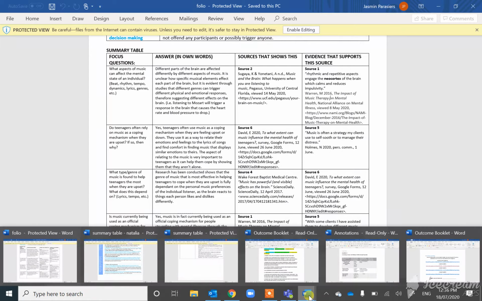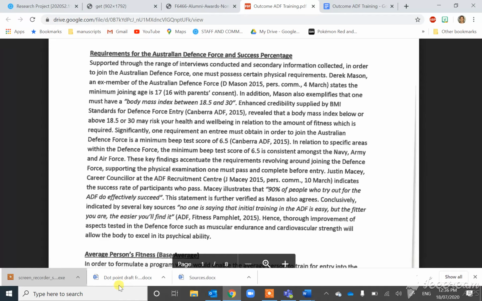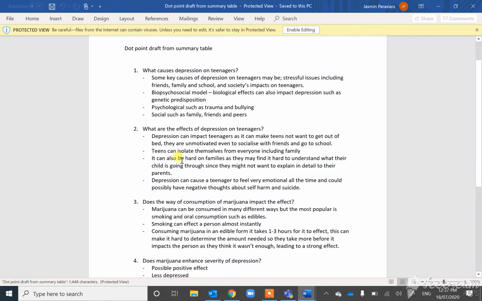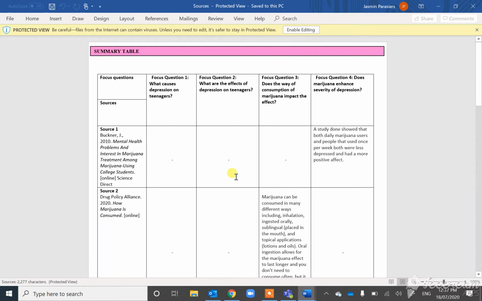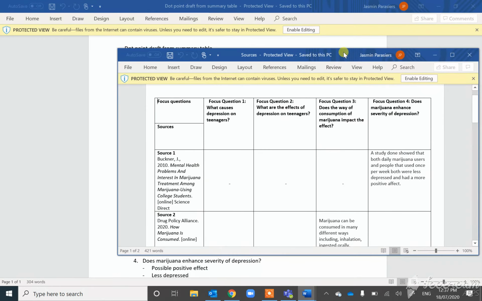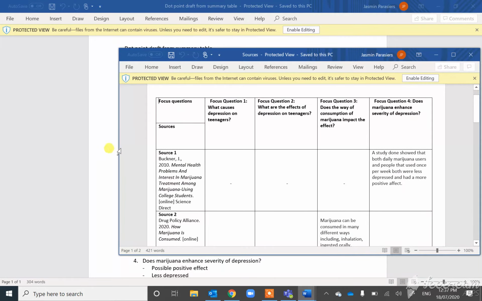So when we then merge this into a dot point draft, have I got an example here? I think I do. Yep, we now have some key ideas that we can use to actually develop our points. Now, when we then look at our sources, we can use those side by side to actually write our paper.